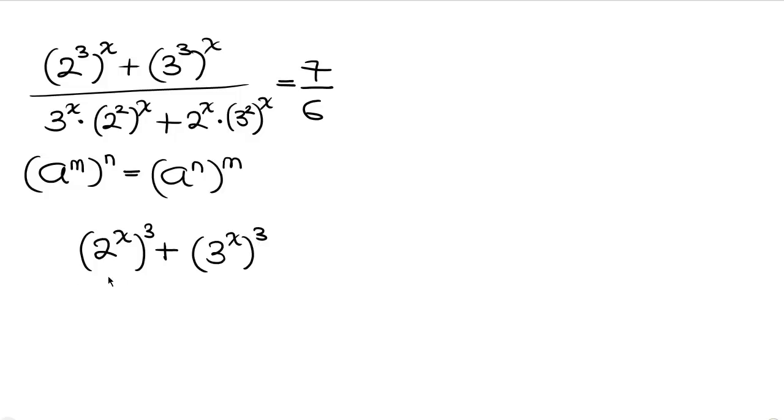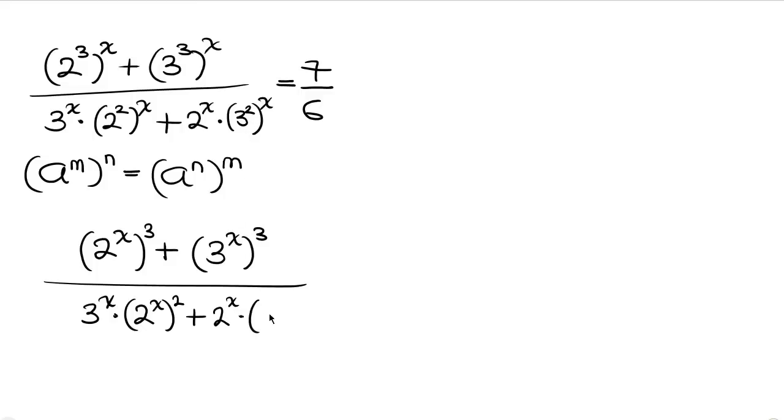Remember, we're switching the positions of the power. All over. Now the denominator, this is 3 to the x times 2 to the x all raised to the 2, plus 2 to the x times 3 to the x all raised to the 2, equal to 7 over 6.